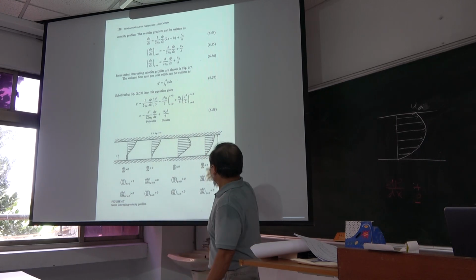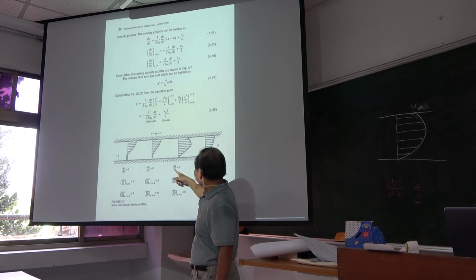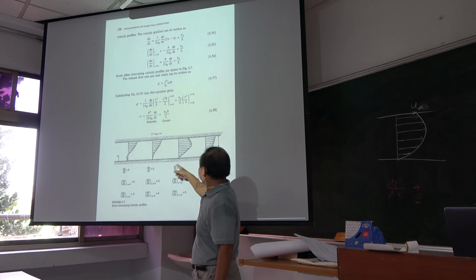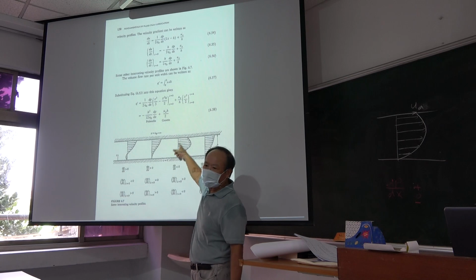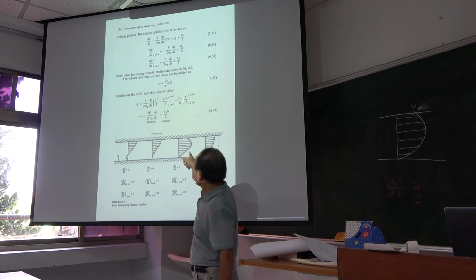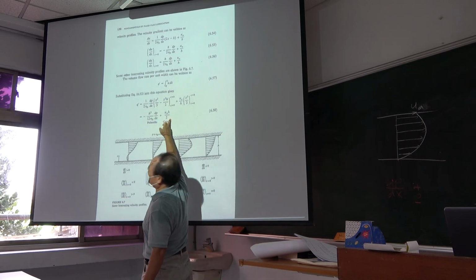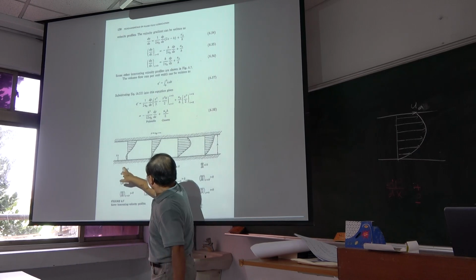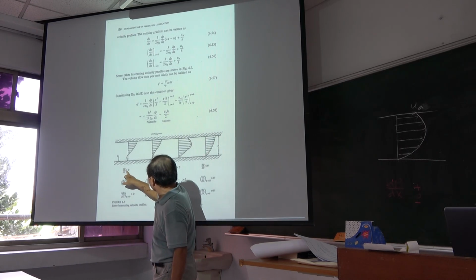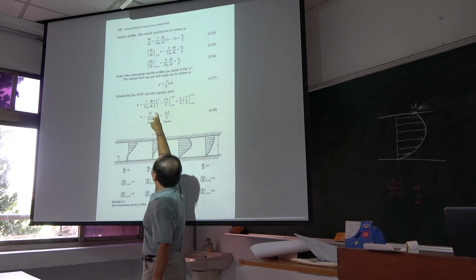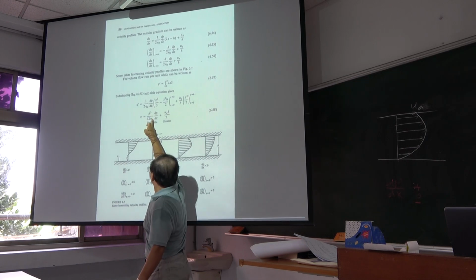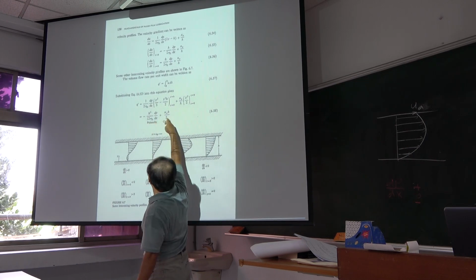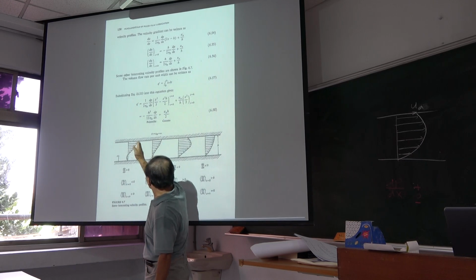So in this case, dP/dx is smaller than 0, and this is the forward flow. If dP/dx is larger than 0, then this term is small and this term becomes a negative value, while this is a positive value. So you will find the profile becomes thin.